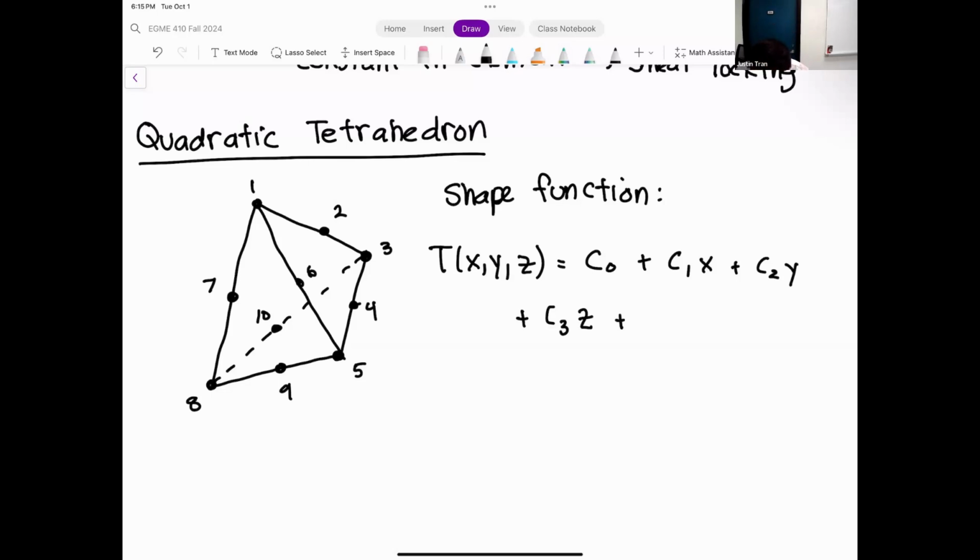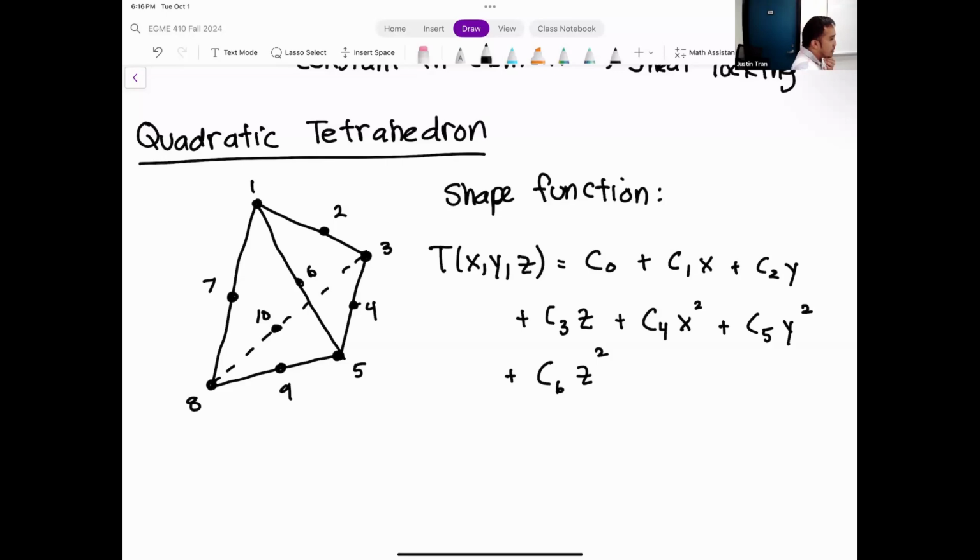Okay, so let's start with the pure quadratic terms, and so that is going to be C4x squared plus C5y squared plus C6z squared. Right, so that's seven terms so far, so we need 3 more.